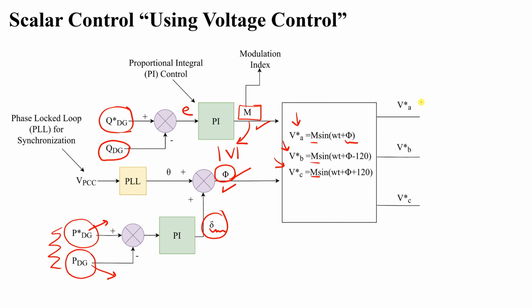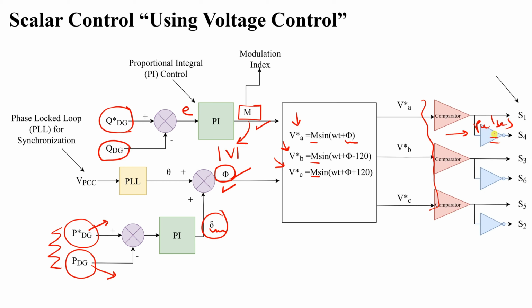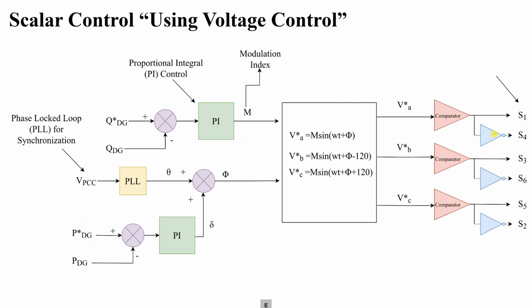We need to convert these three-phase voltages into pulses. These pulses are given to the switches of our inverter. So how can I actually do this? After getting the three-phase reference voltages, we use a comparator. What does the comparator do? It takes the required sine waves.